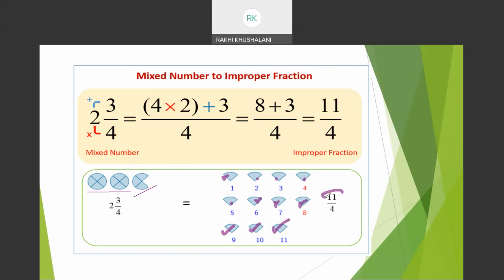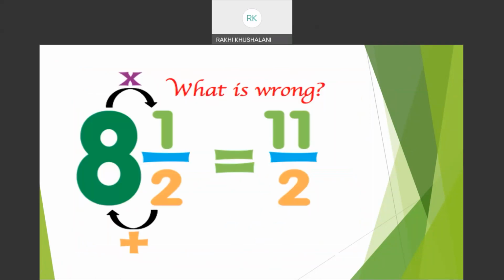So I have in total 11 pieces with me, in which every single whole has got 4 pieces. The denominator says 4. Now let's go to the next part and try to remember how we are going to do this every time. Remembering the multiplication and the addition and where to write what.